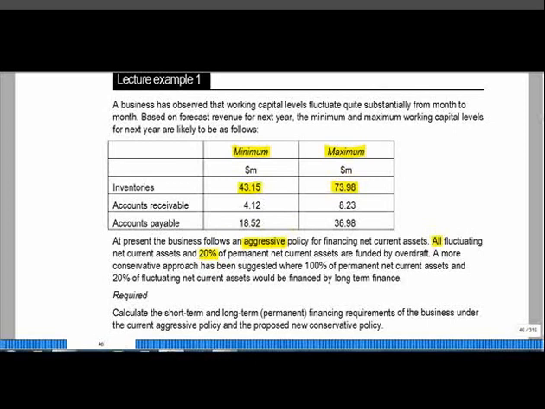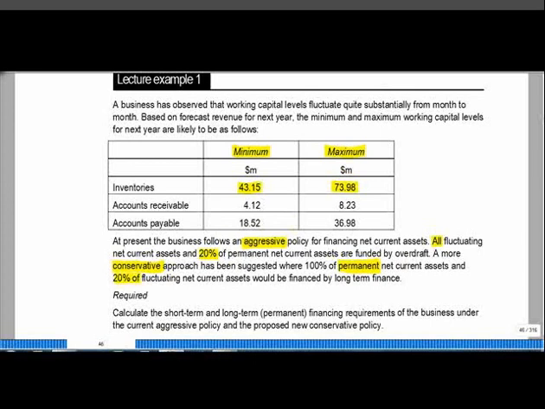And a more conservative approach has now been suggested, and in this particular example, this means that we're going to use long-term finance to fund all of our permanent net current assets and also some of our fluctuating net current assets.